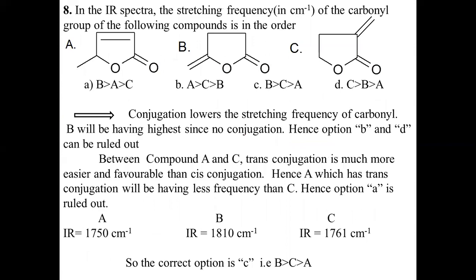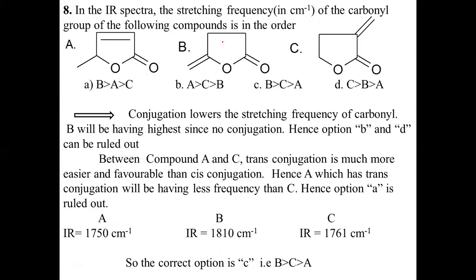In the IR spectra, the stretching frequency in centimeter inverse of the carbonyl group of the following compounds is in the order. Now you have been given 3 options, A, B, and C. Among these 3, you have to arrange them in decreasing order of their stretching frequencies. When you look here, resonance is possible because of the conjugation.